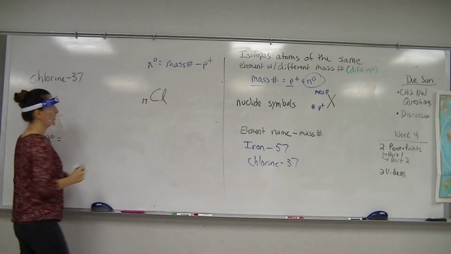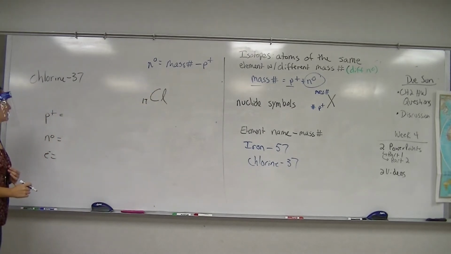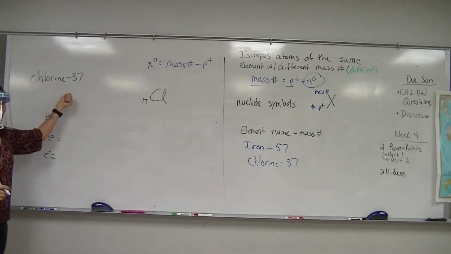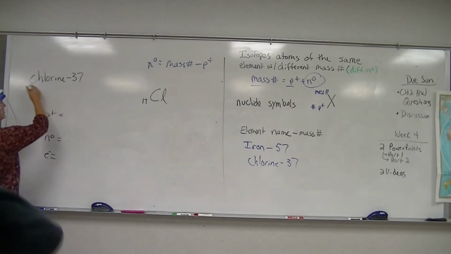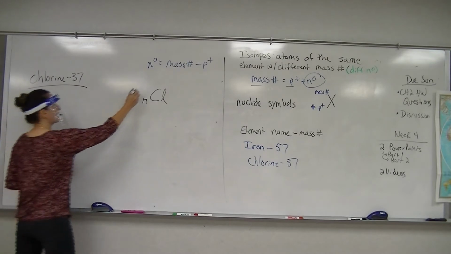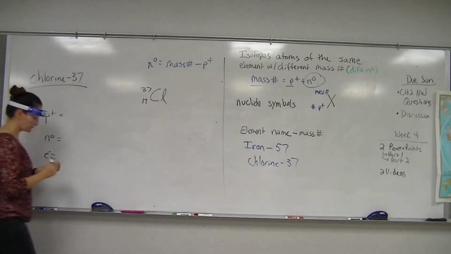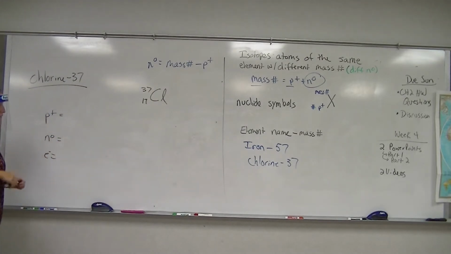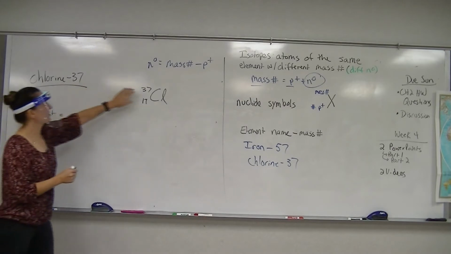What's the mass number? For the mass number, you're not looking at the periodic table because that's the average atomic mass. You're looking at the example given. Okay, so it's 37. Because that 35.45 or whatever it is on the periodic table, that's the average of all the isotopes of chlorine. So you always want a whole number here.